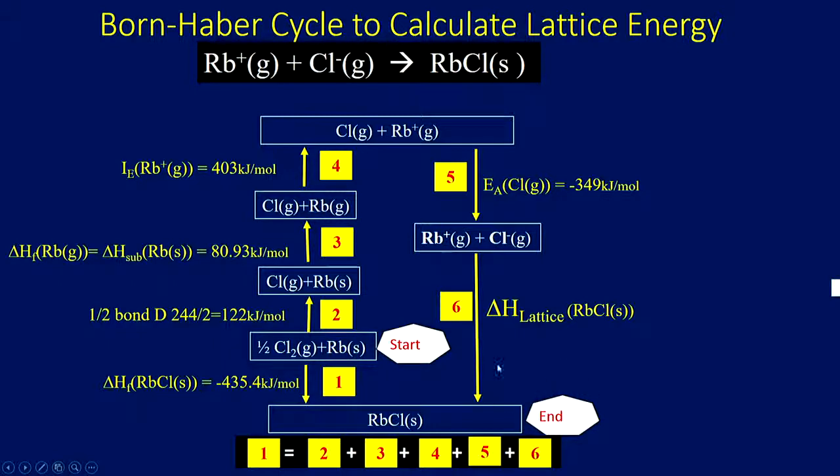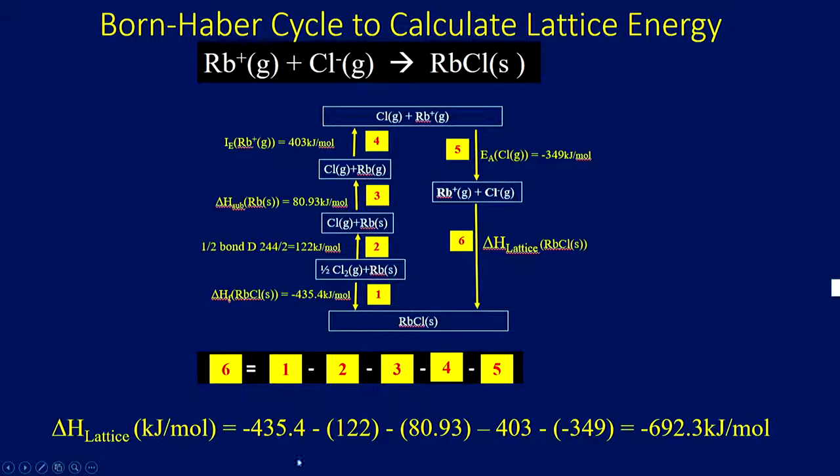And before I move on, realize some of these are negative values. This is a negative value, but I'm adding the energy change of an exothermic step. So step 6 would equal 1 minus 2 minus 3 minus 4 minus 5. And I now can plug in my values, recognizing that some of these are a negative of a negative.